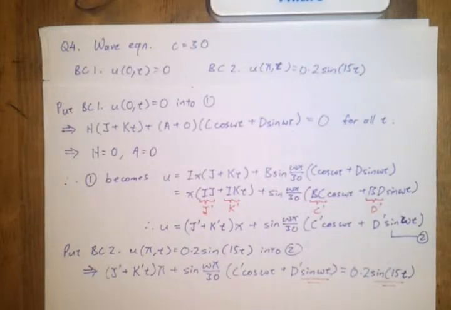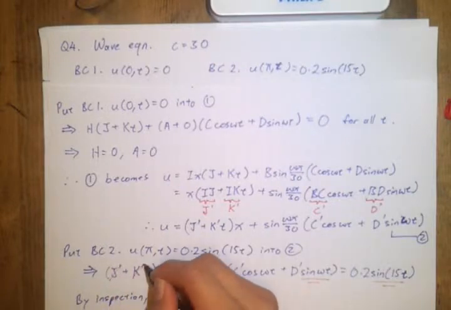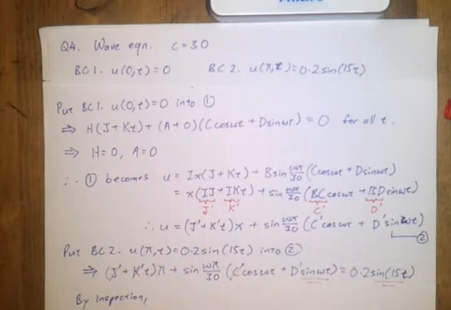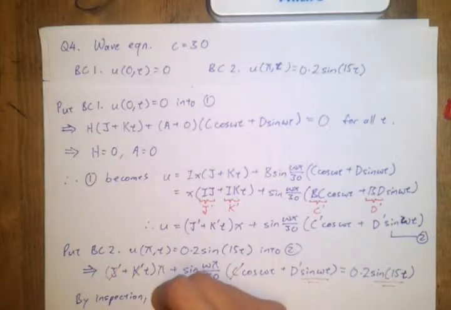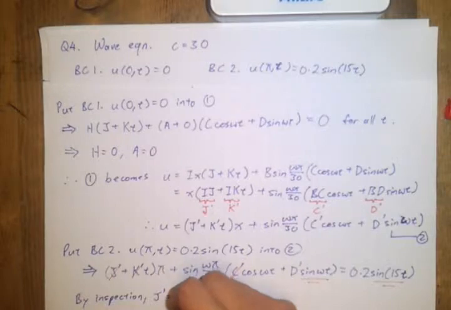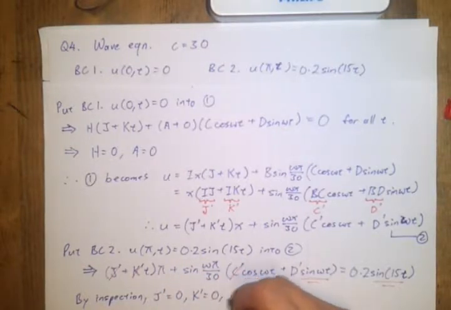So by inspection, all these terms must go away. You have j prime, which is 0, k prime must be 0, and c prime must be 0.